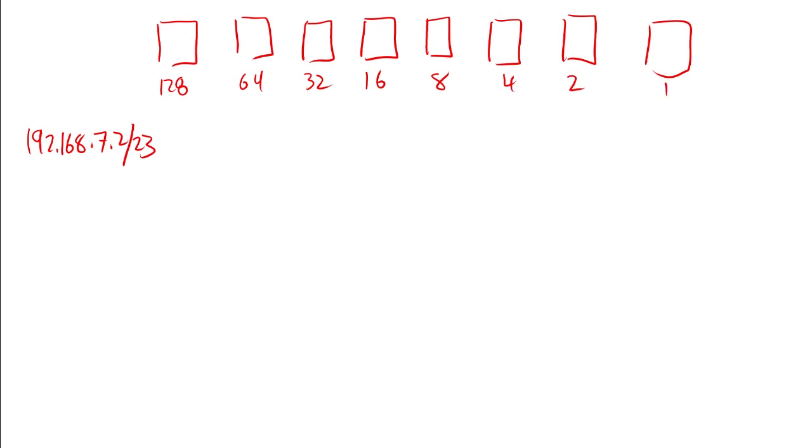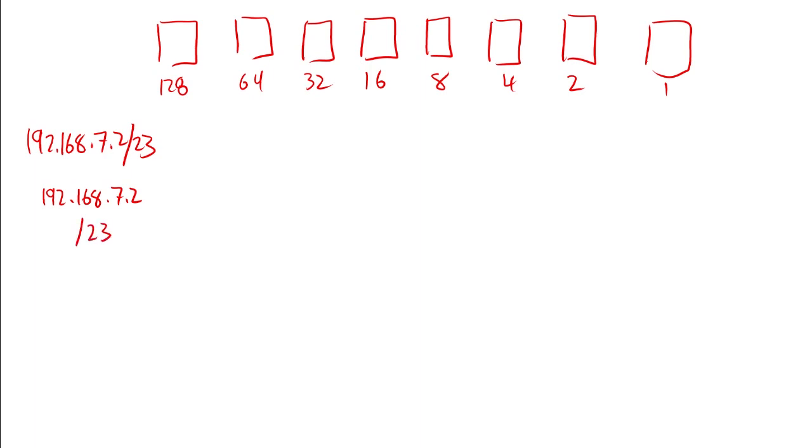Well, you can write this out in binary. So how do I write 192.168.7.2? How do I write out /23?